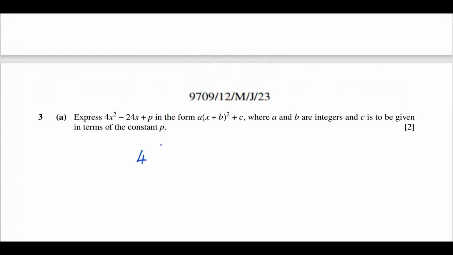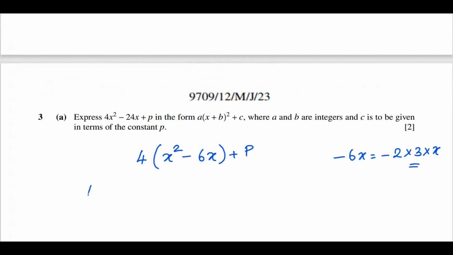4 multiplied by x square minus 6x plus p. So minus 6x can be written as minus 2 multiplied by 3 multiplied by x. So from this we have to take 3.